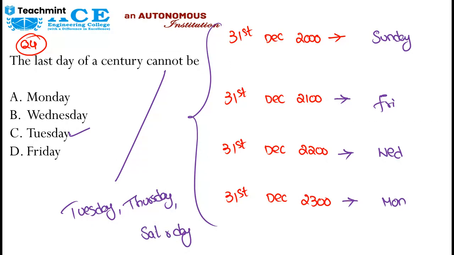Last day of century cannot be all this. Cannot be Tuesday, cannot be Thursday, cannot be Saturday. Right. Now, can be is this. This is last day of century can be.